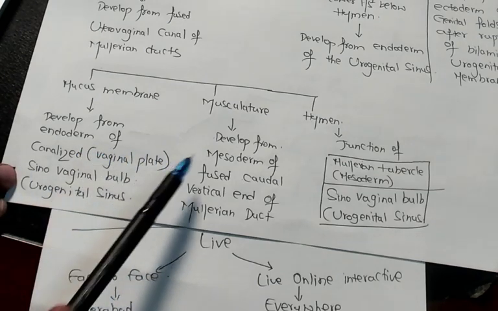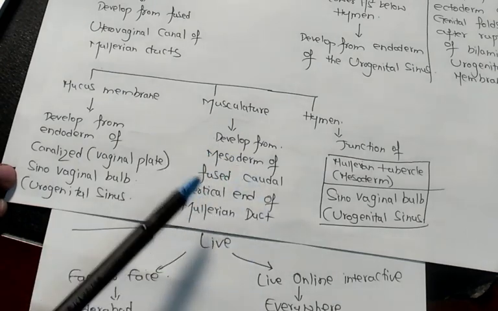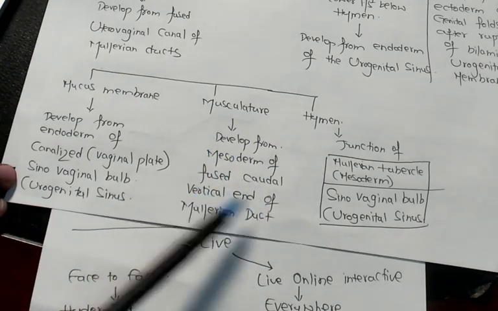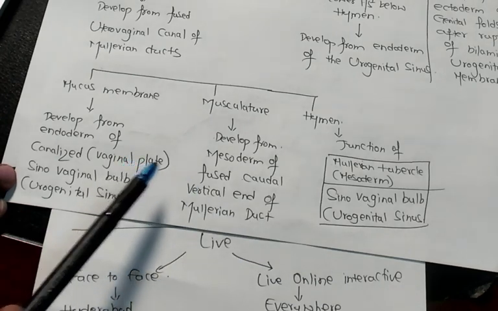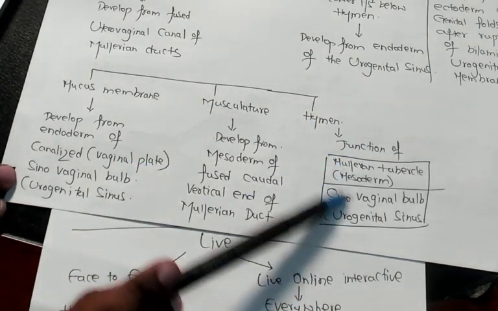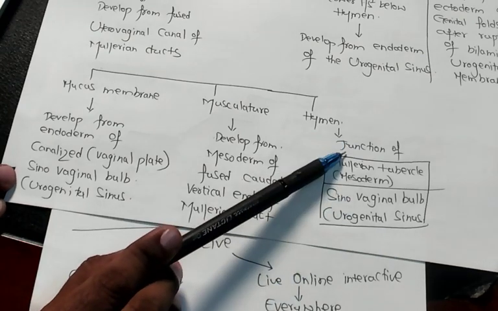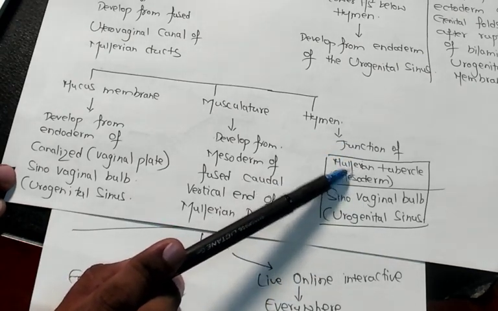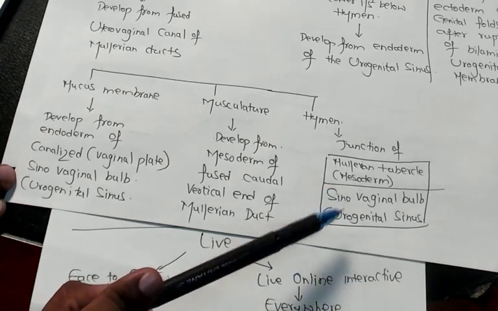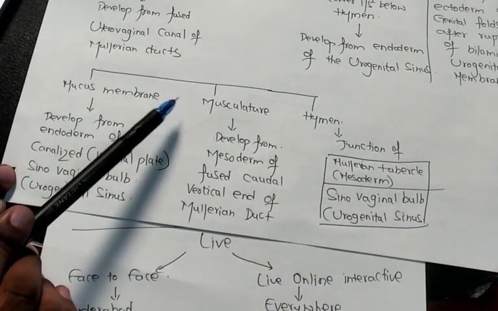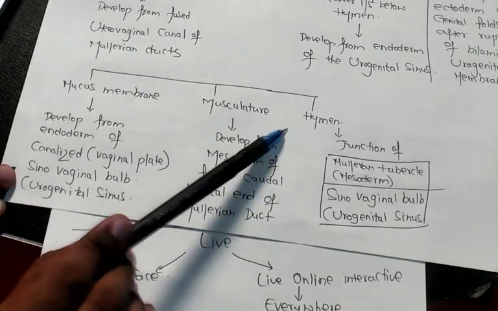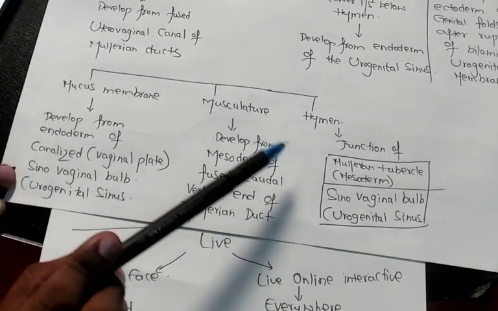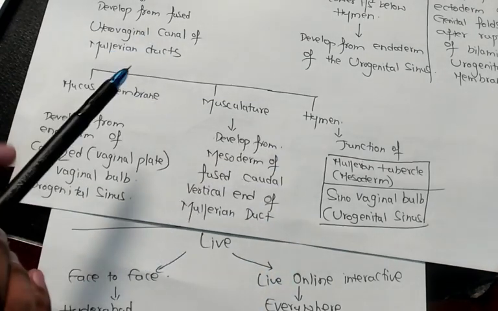Whereas musculature develops from the mesoderm of the fused caudal vertical end of the Mullerian duct. And the hymen basically develops from the junction of the Mullerian tubercle, which is mesoderm, and the sino-vaginal bulb, which is from the urogenital sinus. That is the underlying embryological basis of the hymen.